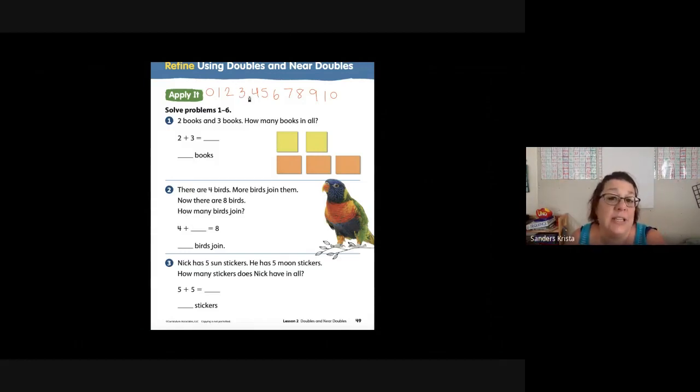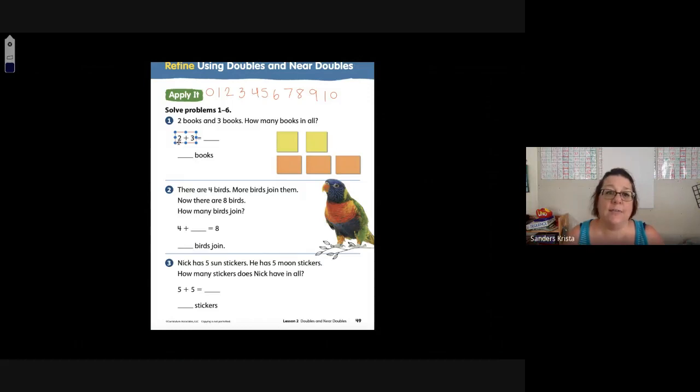When we are using doubles, we know that we are adding the same number 2 times to get to the whole or the total, right? And when we're talking about near doubles, it means we are adding 2 numbers that are near each other on the number line.